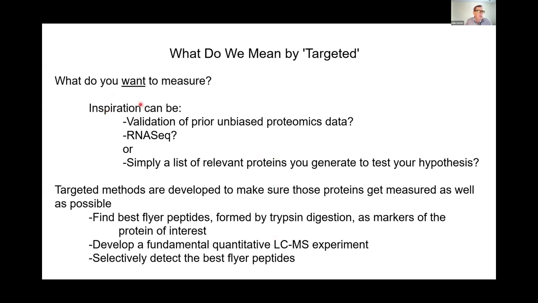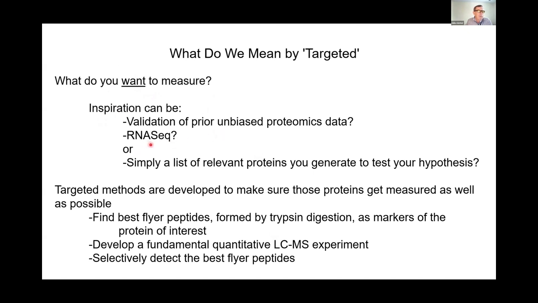The inspiration for this can be validation of the unbiased proteomics data. As you get your DIA data, as an example, you can try to validate some of that with additional analyses.